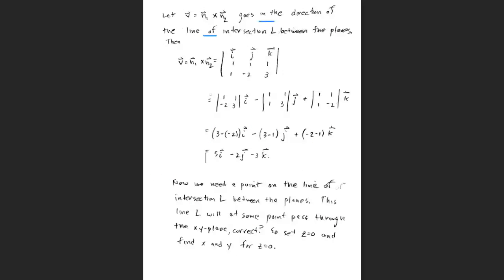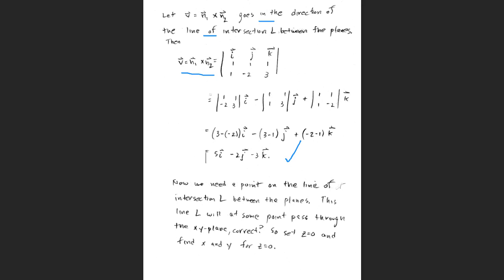Okay, so here we go. We're finding the cross product of the two vectors. It turns out that's going to equal 5i minus 2j minus 3k. That's the cross product of the normal vectors.